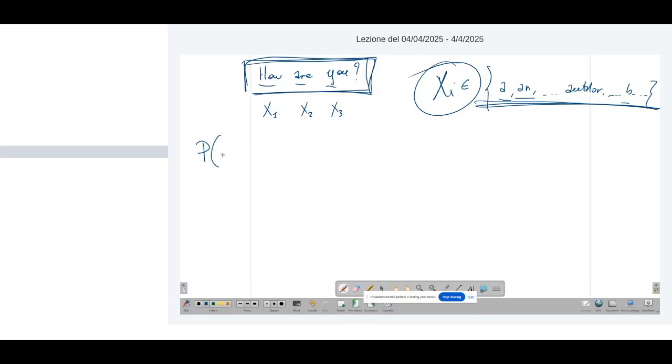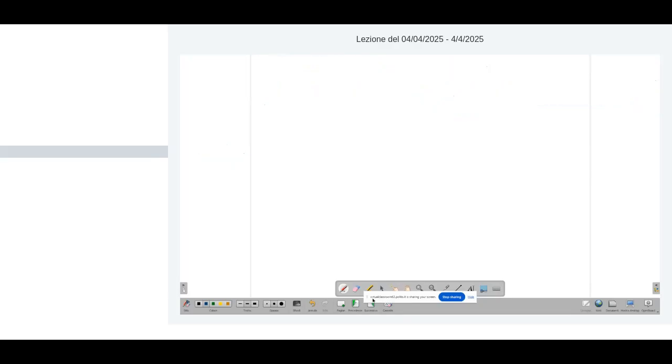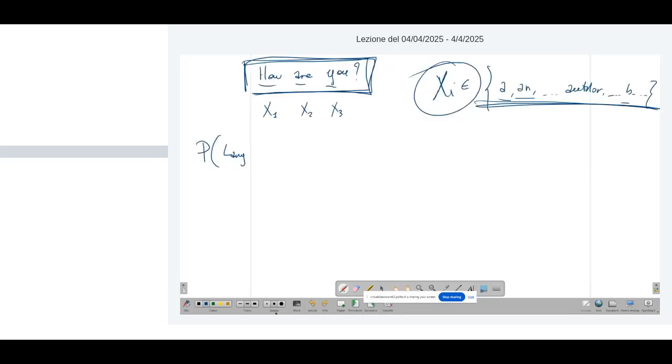So we need to compute the probability that the language, which for our case is the class, is English, given that our document, now let's call this sequence Y, given that the sequence Y is the sequence "how are you". This is the kind of thing that I want to compute.